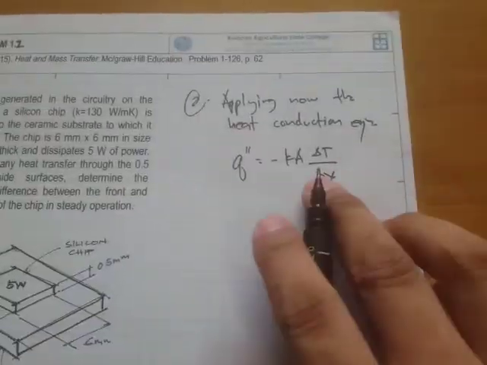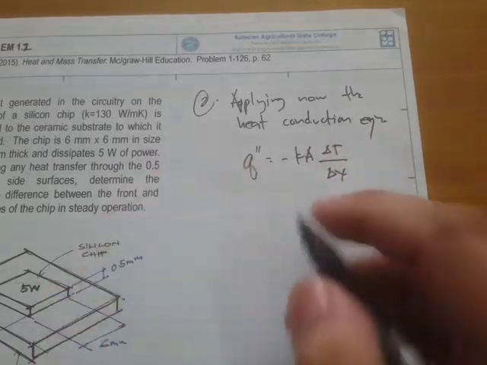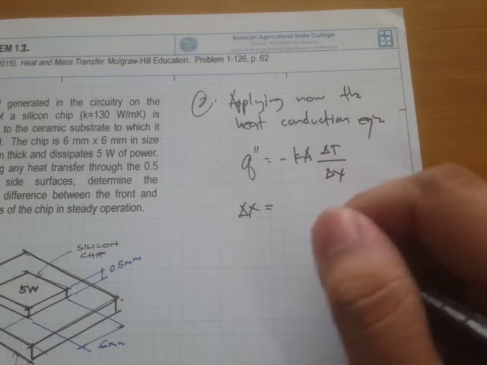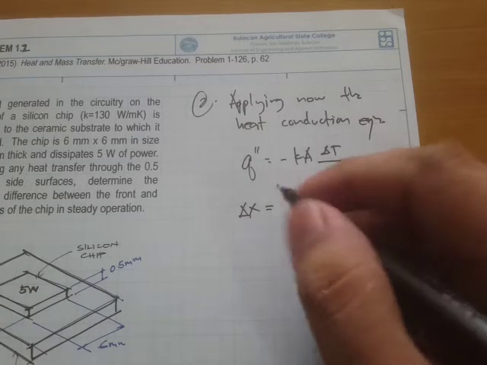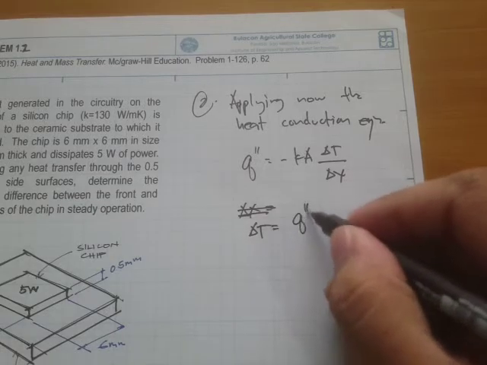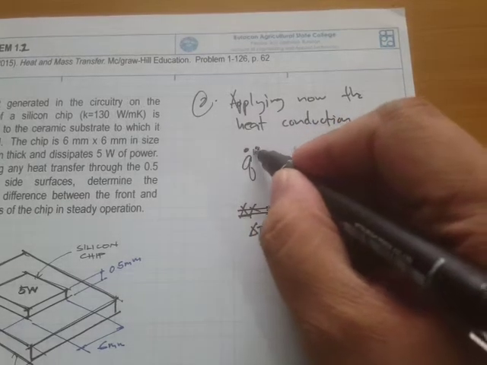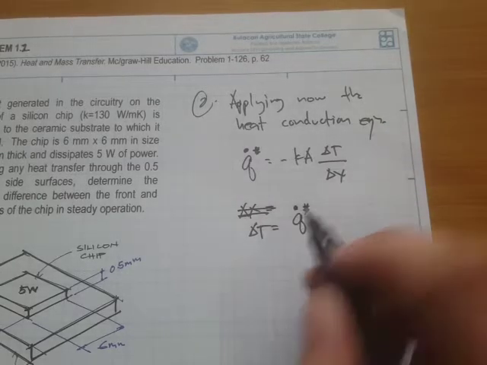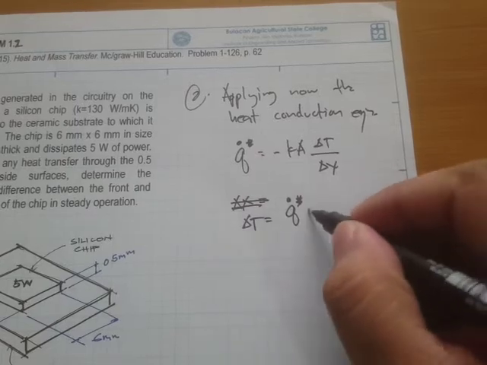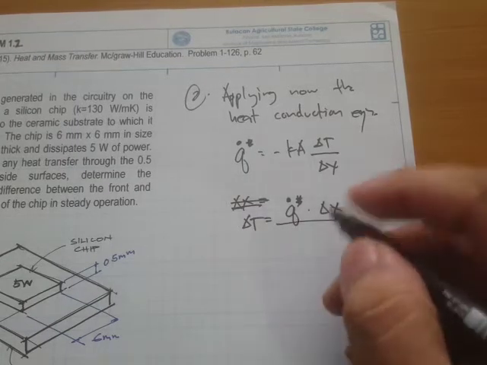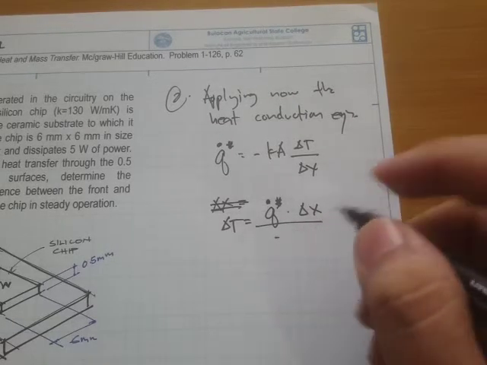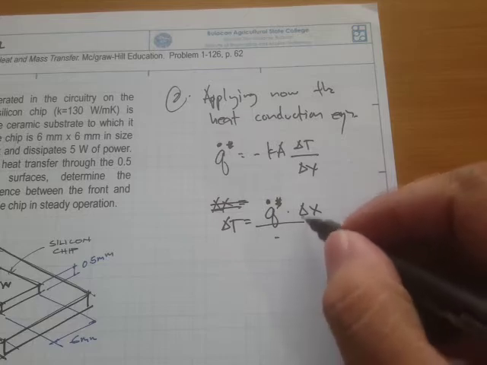Now we are asked to find the delta T. So if we rearrange the equation, delta T is equal to the heat flux. This should be heat rate, not the flux, because we have the area. So heat rate times the delta x all over negative kA.